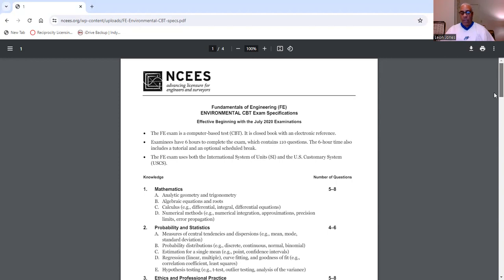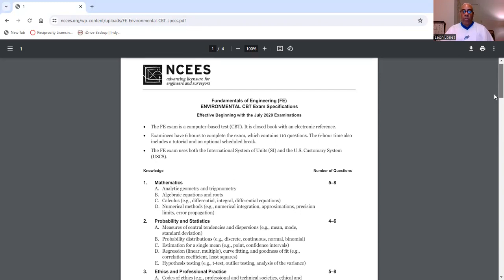This is the outline, and it's a good outline, and you can go into NCEES and set up an account. This tells you that the new exam is no longer 180 questions, it's 110 questions. It's no longer 8 hours, it's 6 hours, or 5 hours and 20 minutes, and it's still a closed book examination.